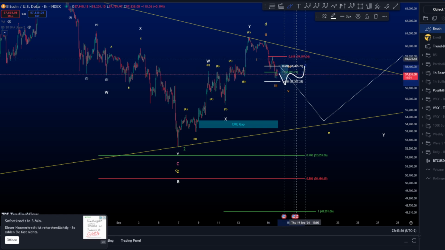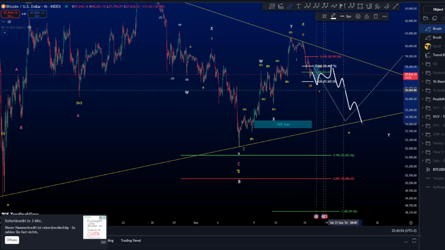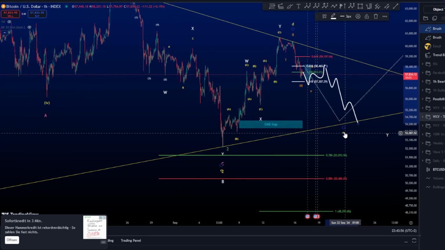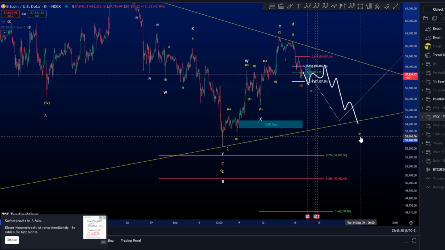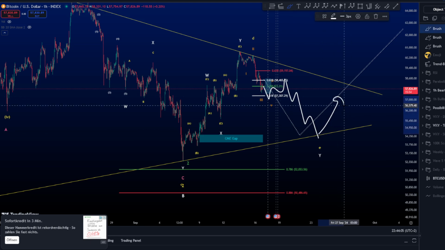Then, after this, we want to see 3 waves up. Now, of course, those 3 waves up can be any flat, any triangle, not tradable, yeah? We are on the 1 hour chart here, not tradable. You can check the educational videos again and you know what I'm talking about. Then we want to check for another impulse or diagonal towards the downside, finishing our wave E and W. After this, we're going to watch, of course, if we get a reversal.